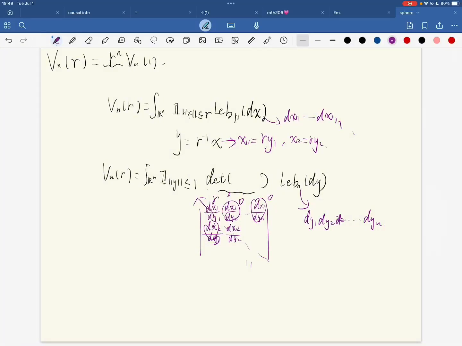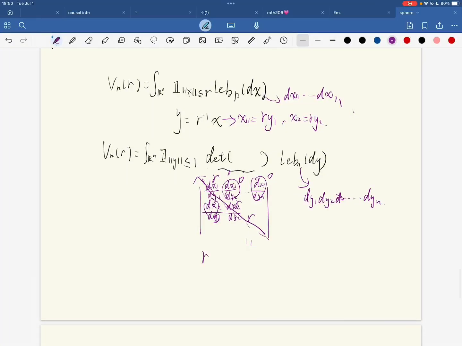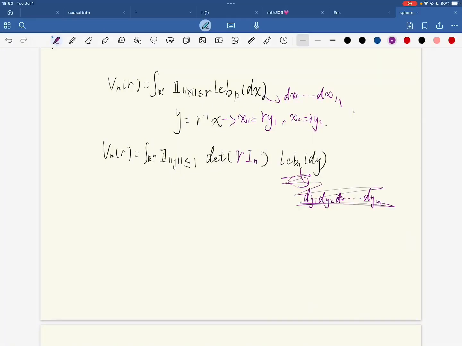So the diagonal of this matrix is all r, and the others are all zeros. So this is just r times I_n, where I_n is the identity matrix with dimension n.